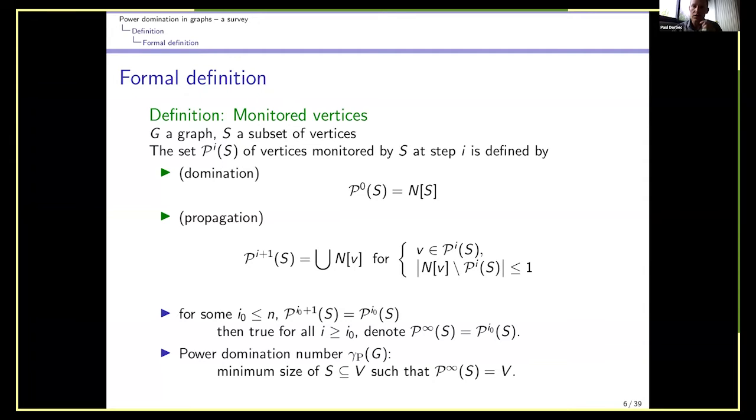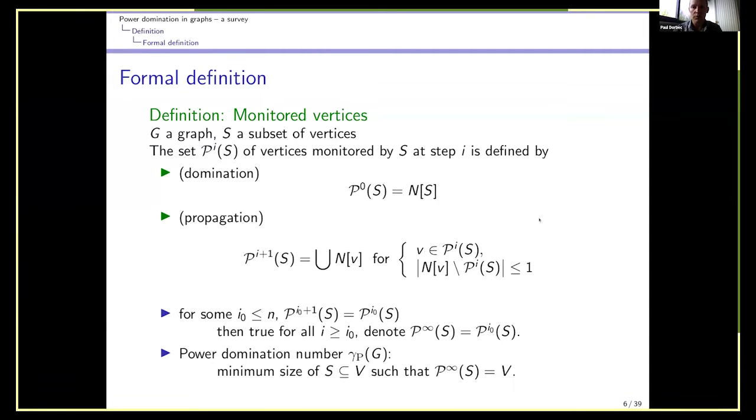And then I will increment the index in the exponent, and from P^i, I will construct P^(i+1) by taking a union of closed neighborhoods. I will take the closed neighborhood of every vertex which is in the set P^i, and I want that the number of vertices in this closed neighborhood not in the previous step was at most 1.